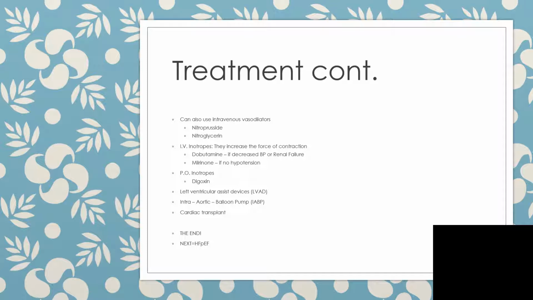If there is hypotension, no milrinone. You can also use some oral inotropes like digoxin, a left ventricular assist device, or an intra-aortic balloon pump. And of course, you can suggest cardiac transplant.